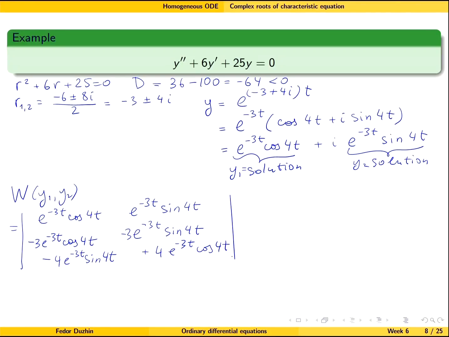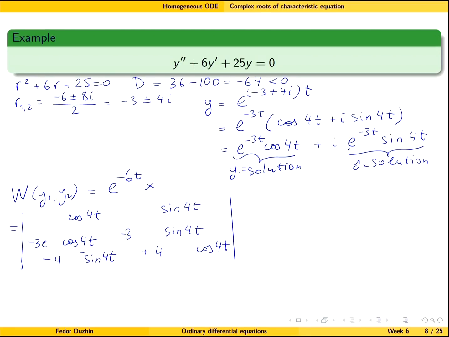Now notice that we can take e to the minus 3t out of the first column and again out of the second column. Then the whole thing is going to be e to the minus 3t squared, so e to the minus 6t, times this determinant.